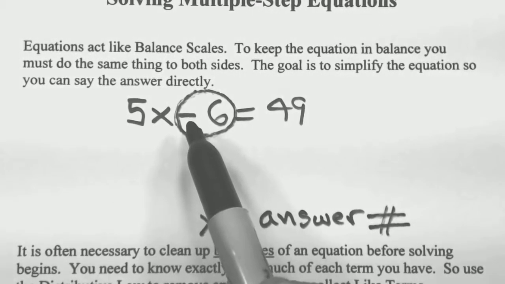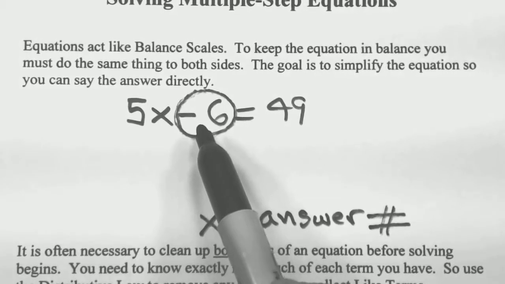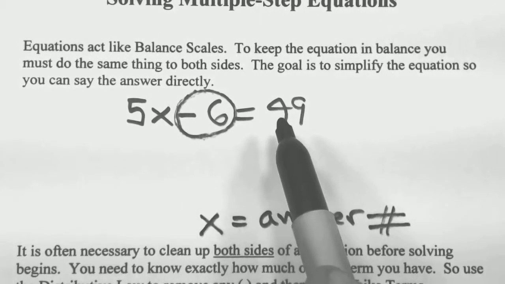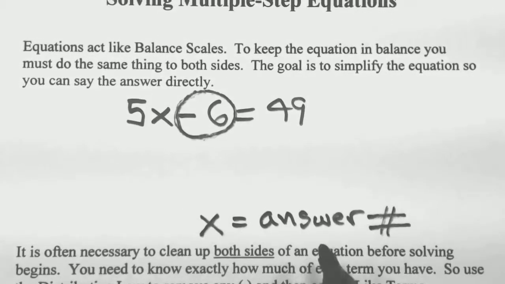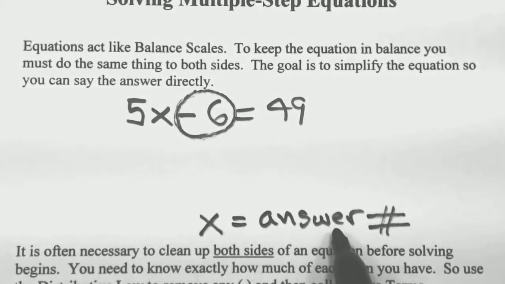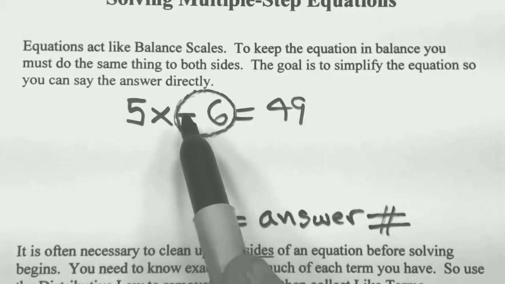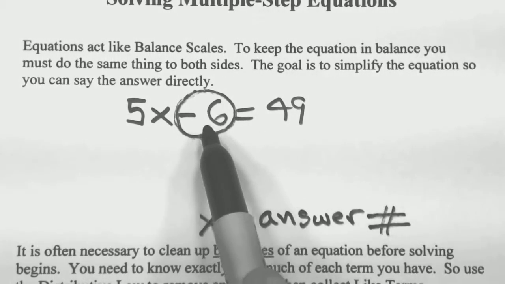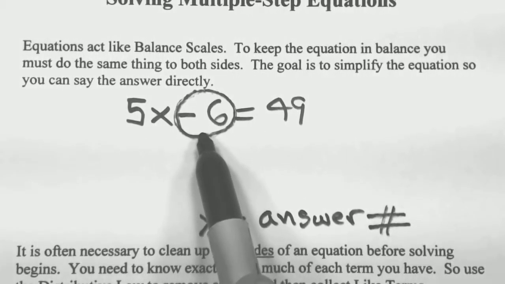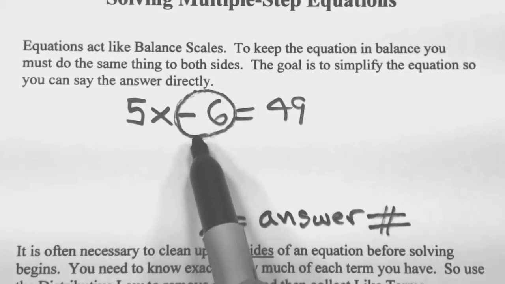What I've got to do with this number is move it over to the side that I want it to be on. Remember, we want numbers on the right side in our final answer. Here's a trick we can use. Earlier on, we mentioned that to get rid of a -6, we add 6 to both sides. We're going to do the same process here, but we're going to shortcut it a little bit.